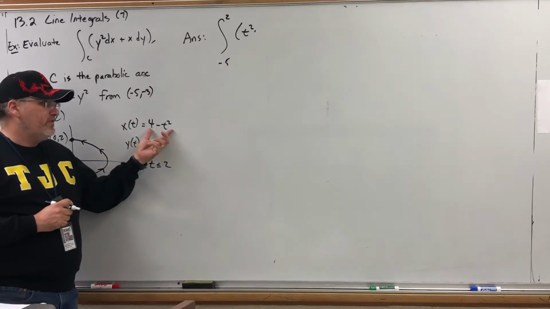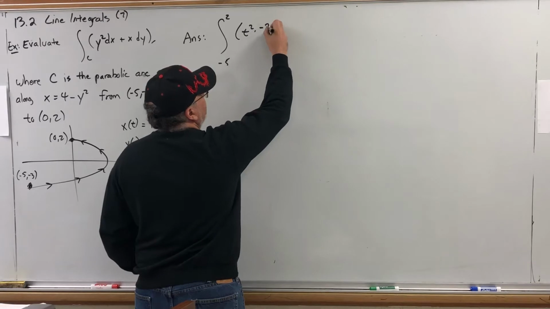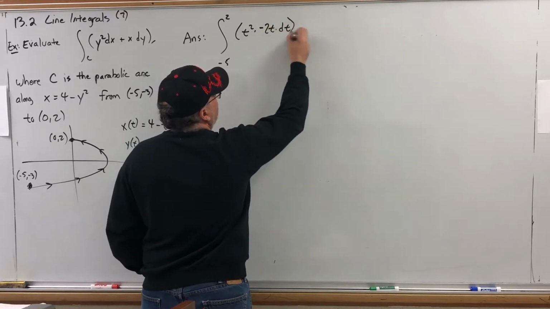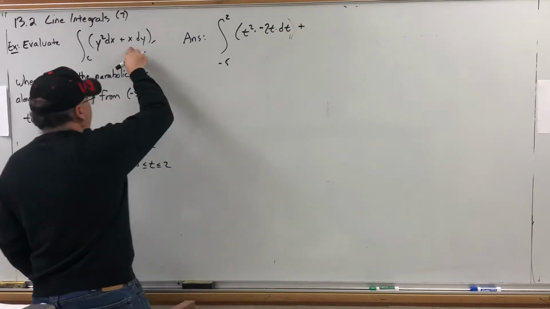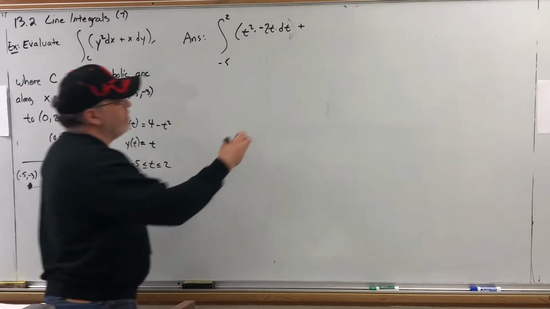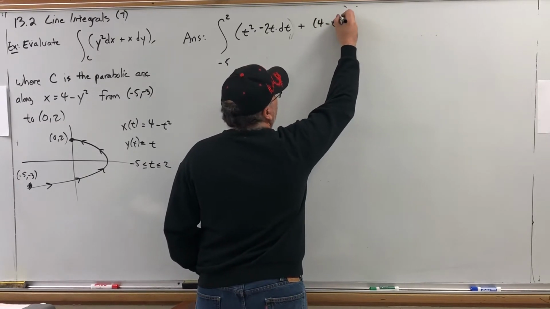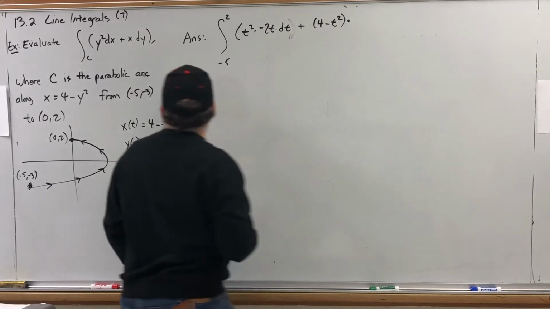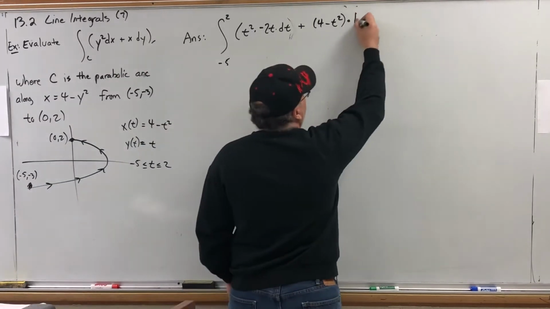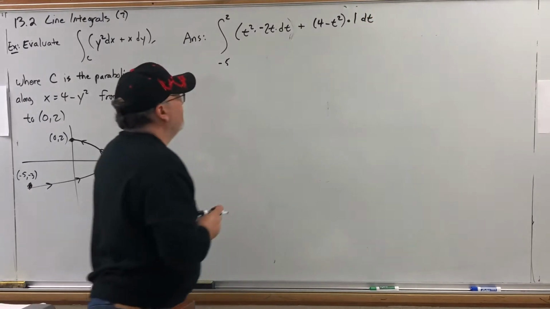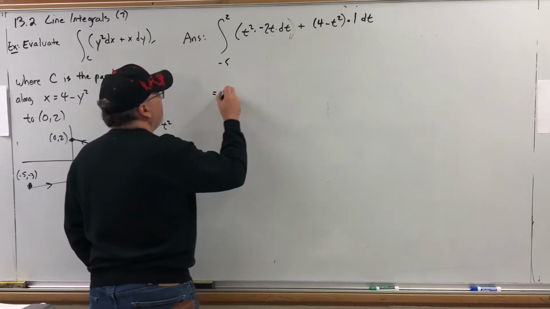The derivative of this is negative 2t, so negative 2t dt, plus the x function, which is 4 minus t squared, times the derivative of the y function. Well, the derivative of the y function is just 1 dt.